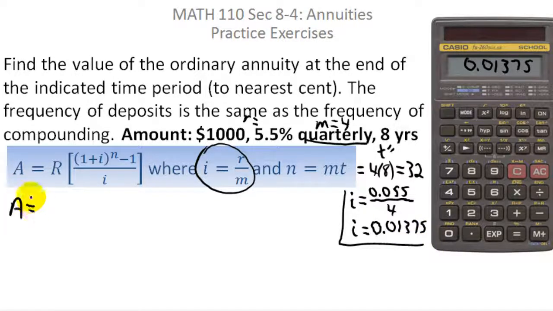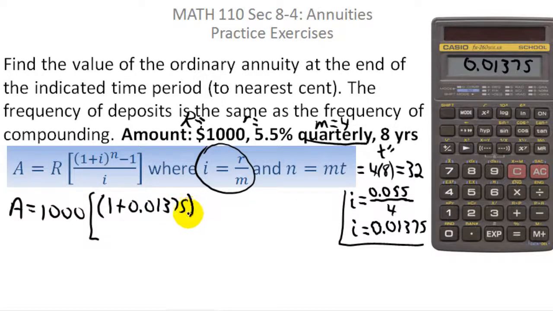The future value A is capital R, the periodic payment, which is $1,000, times the quantity 1 plus little I, which is 0.01375, raised to the power of N, which is 32, then 1 is subtracted, and the entire thing is divided by little I, which is 0.01375. Now it just becomes a calculator problem.